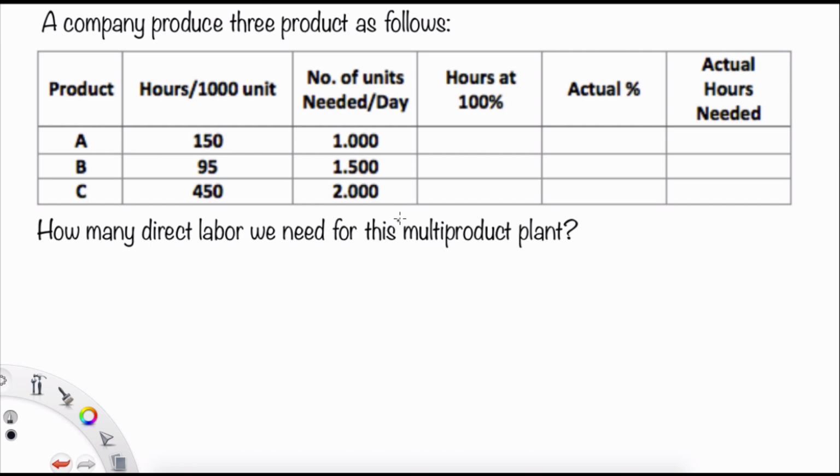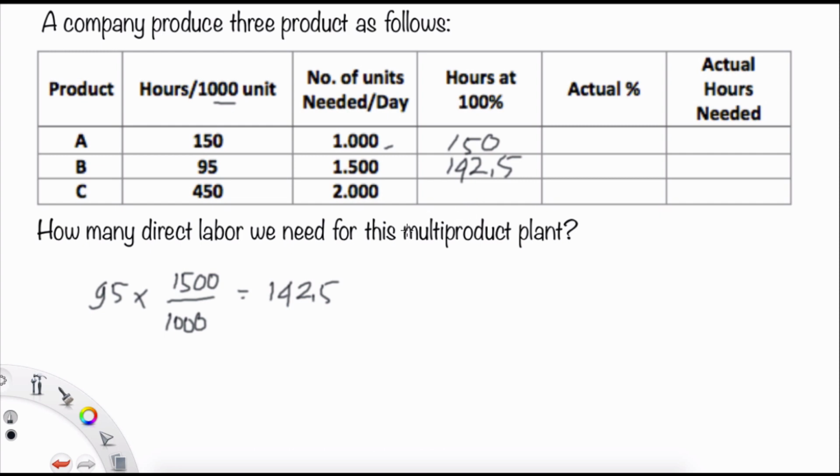So the first thing we have to calculate is the hours at 100%. For product A, the hours at 100% will be 150. Why? Because it is already in 1,000 units. But for product B, we can calculate it, and we will have the hours at 100% of about 142.5.